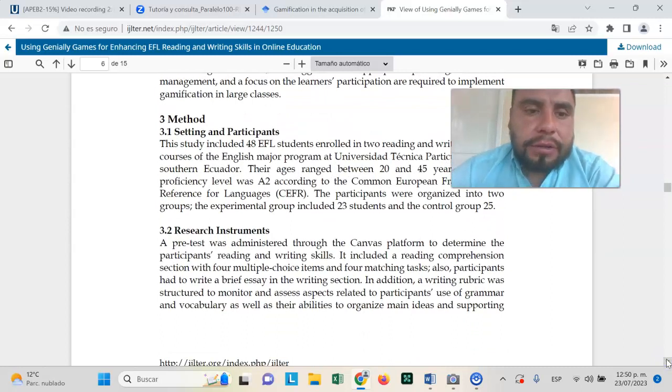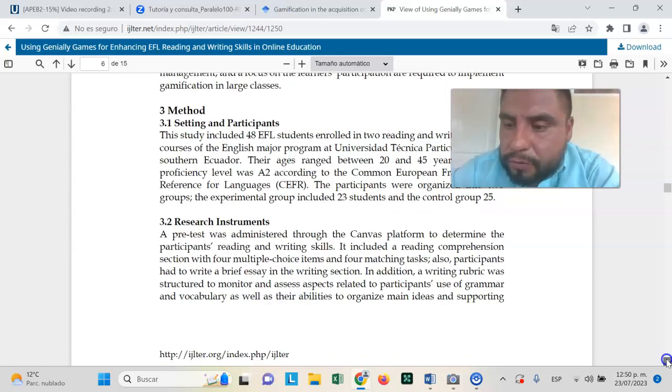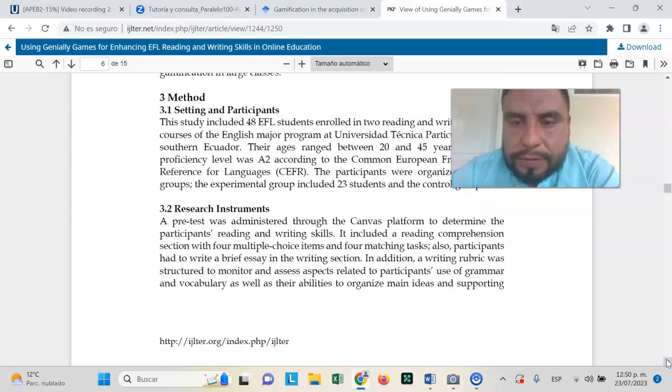The method is another part of the journal article. This part is about how the test was developed and carried out at the moment of its establishment.